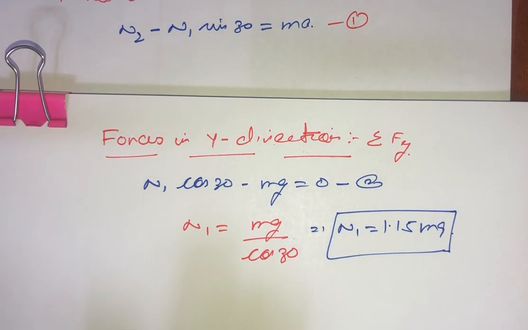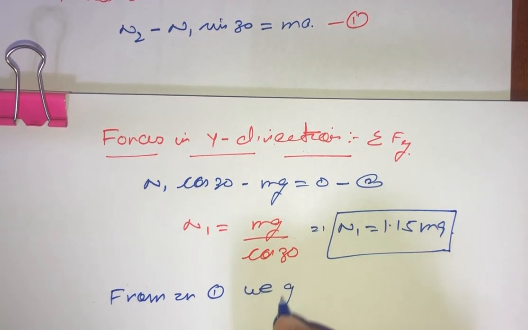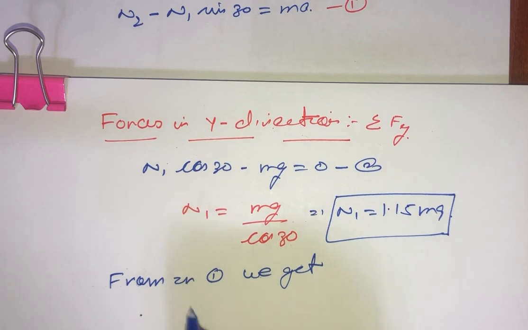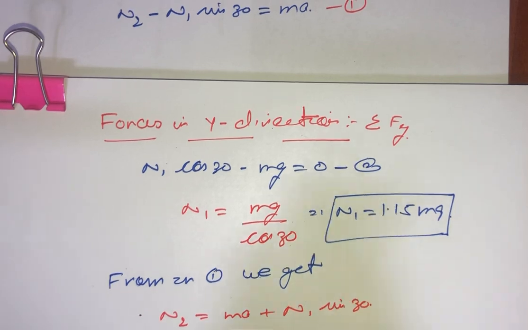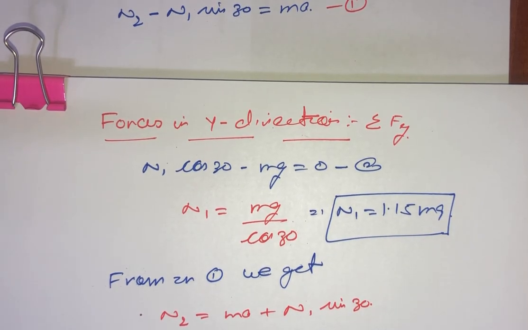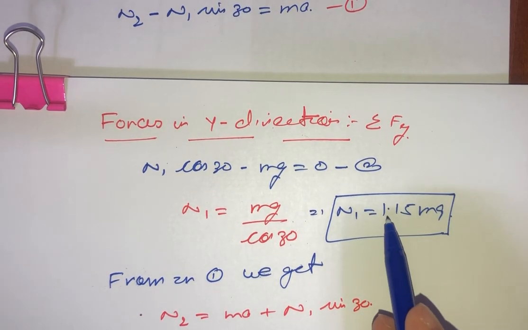From equation 1 we get N2 is equal to ma plus N1 sin 30, and we already know N1 is 1.15 mg.